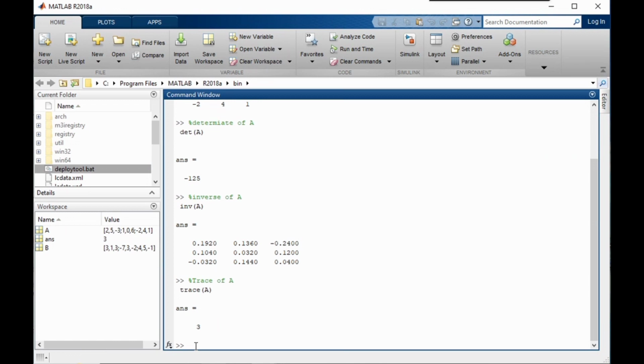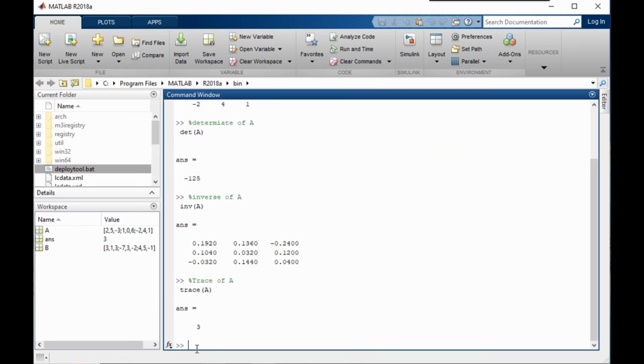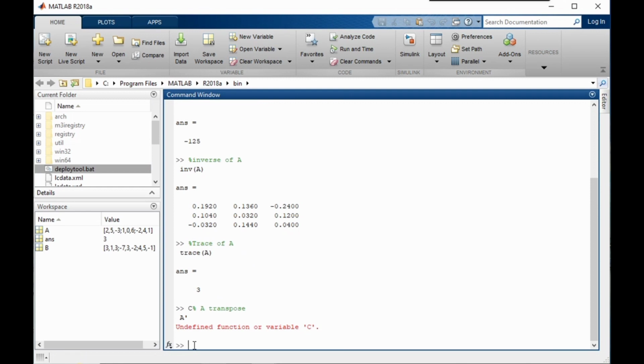The trace also gave us 3. The trace gave us 3. Then the transpose. Control C, copy the transpose, and then Control V.